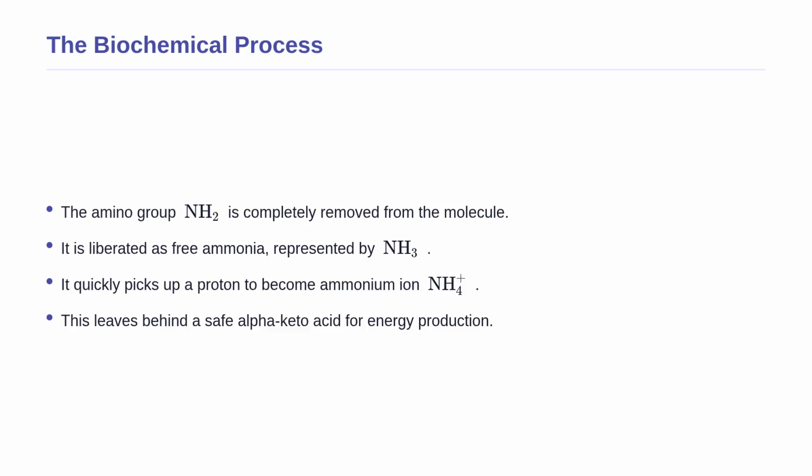In the watery environment of the cell, this ammonia quickly picks up a proton to become an ammonium ion. The most common form of this is oxidative deamination, happening primarily in the liver and kidneys. Once the nitrogen is stripped away, we are left with a non-nitrogenous carbon skeleton called an alpha keto acid, which is now perfectly safe to use for energy.